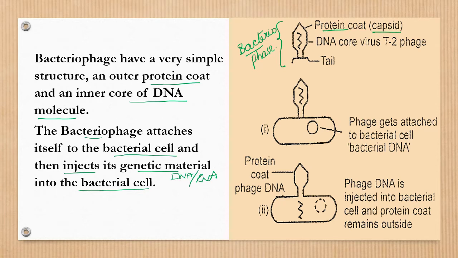You may have studied it in first PU. So the capsid is the outer protein coat, and this capsid encloses the genetic material DNA.